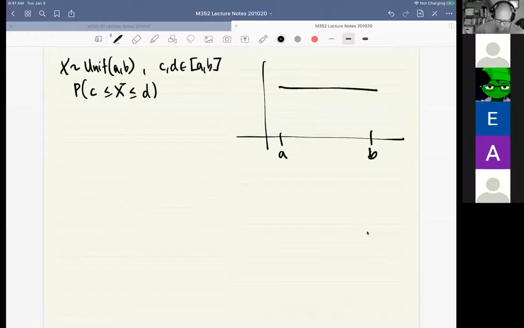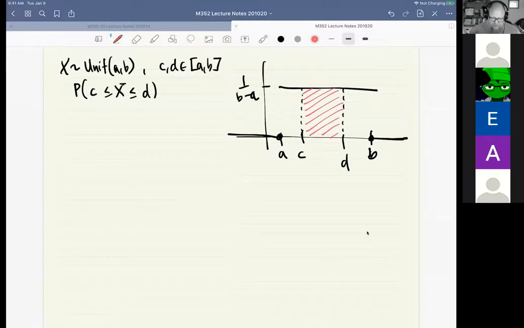So I've got my uniform distribution function here. Here's the plot of the PDF. And if I've got a C here and a D here, I want to figure out what's that area.